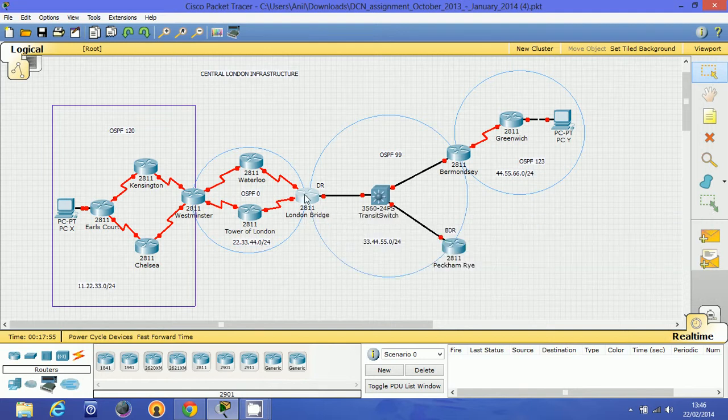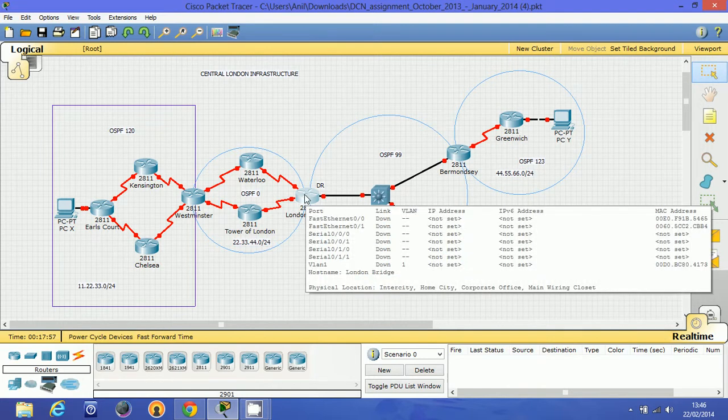IP addresses are not allocated to the interfaces. Once we configure all these routers and allocate IP addresses, then we can easily find out which router has the highest IP address, so we can easily elect the designated router.